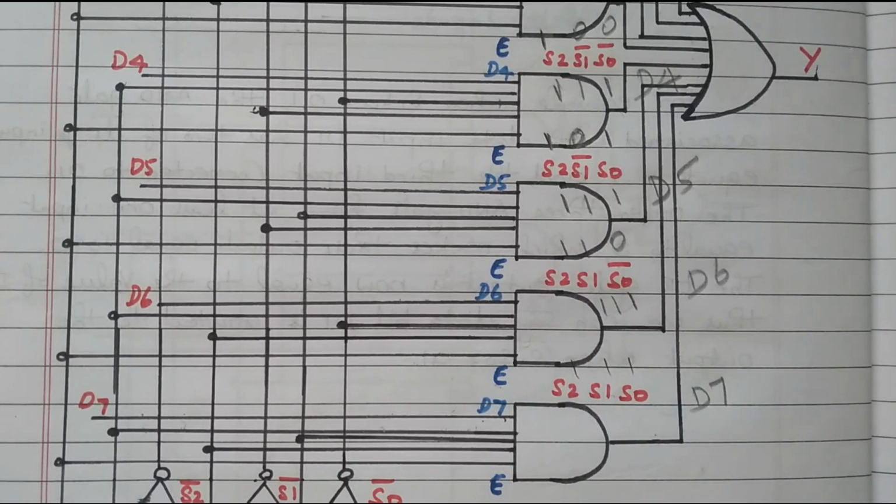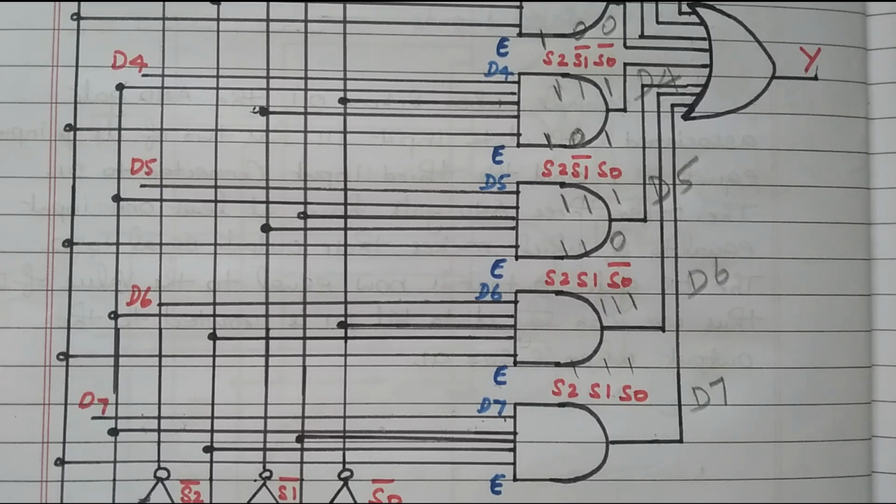So in this video we discussed the 8:1 multiplexer, 8 inputs into 1 output. We discussed the block diagram and the truth table. Based on the truth table, the logic diagram is explained. In the logic diagram we have 8 AND gates and they are all connected to one OR gate.